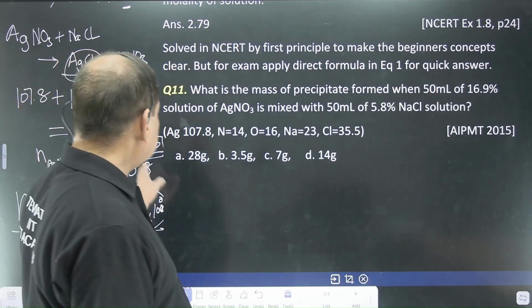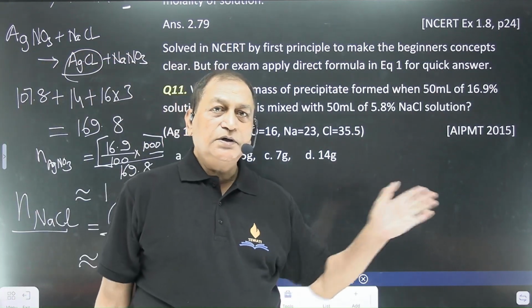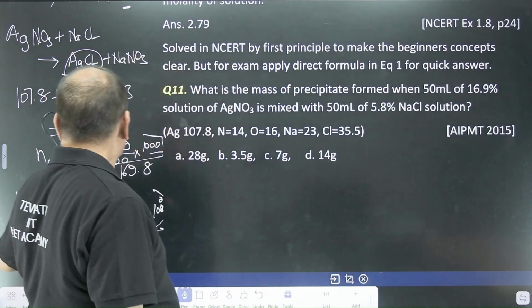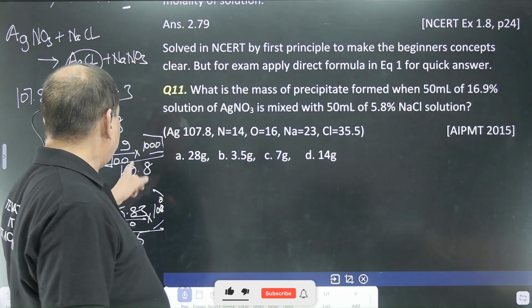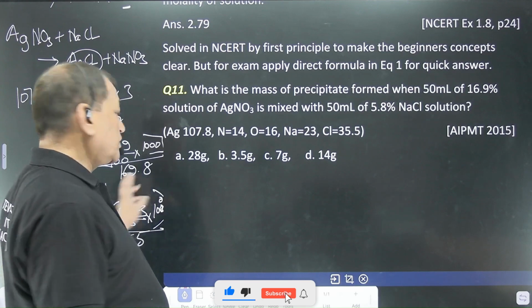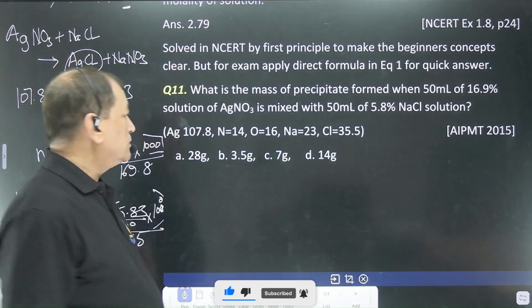So molarity of the solution, number of moles in 1 liter of silver nitrate is 1 mole, in 1 liter sodium chloride 1 mole.